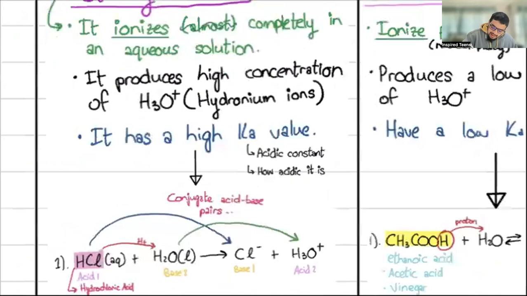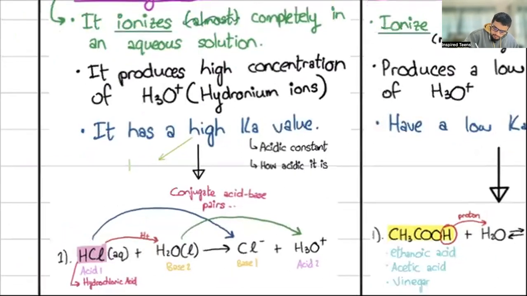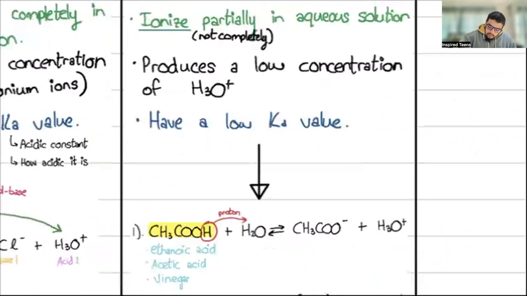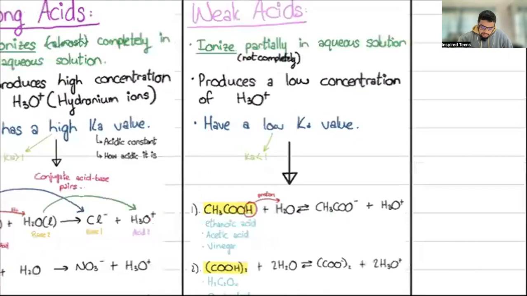A high Ka value, in order to be referred to as high, should be greater than 1. And a low Ka value would be less than 1. Remember that Ka is simply an acidity constant that tells us how acidic something is.